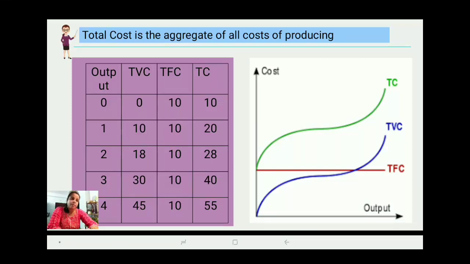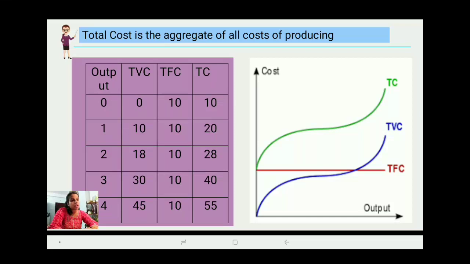In the diagram, you see the total cost curve starts from the point 10, because at 0 level of output there is a cost of 10. That is why the curve starts from the vertical axis, the y-axis, at 10.